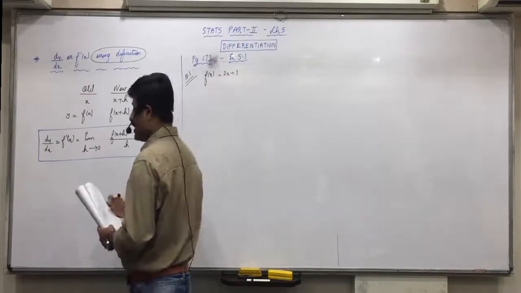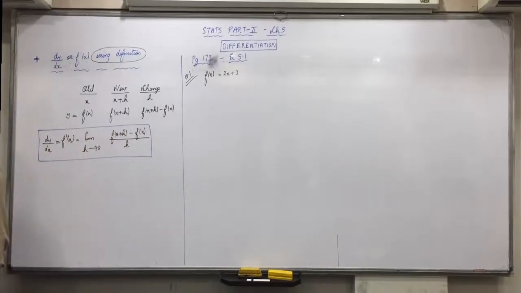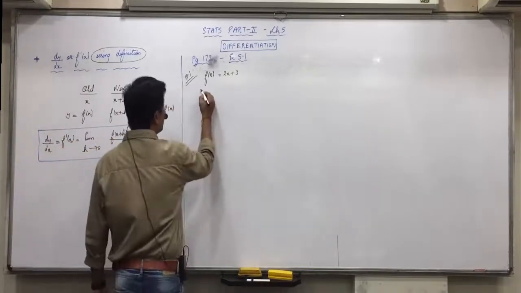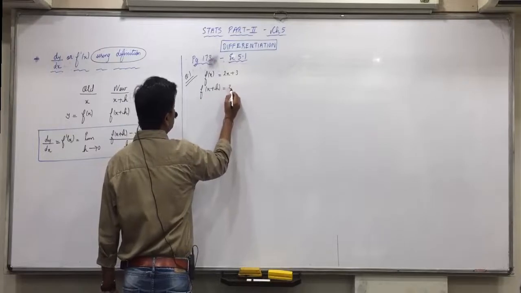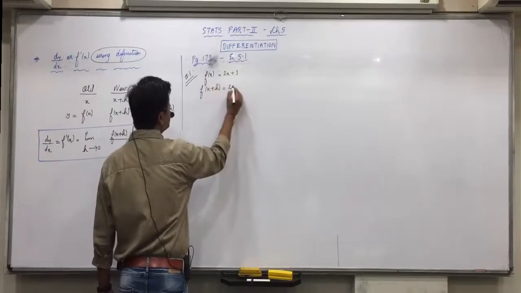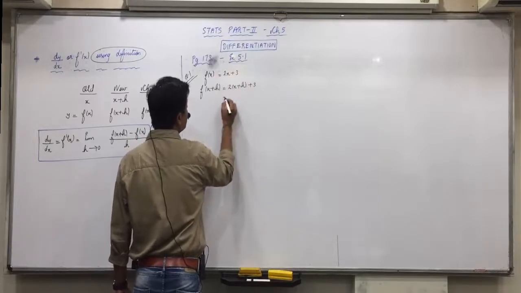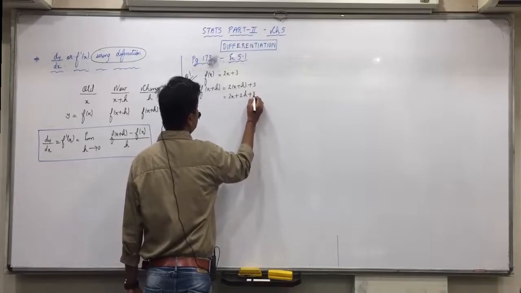Since plus 3 is given, further 2x is given, we will not use the concept of magic. Simple concept will only be used. So what will be f(x plus h)? In place of x we will put x plus h: 2(x plus h) plus 3, which is 2x plus 2h plus 3.